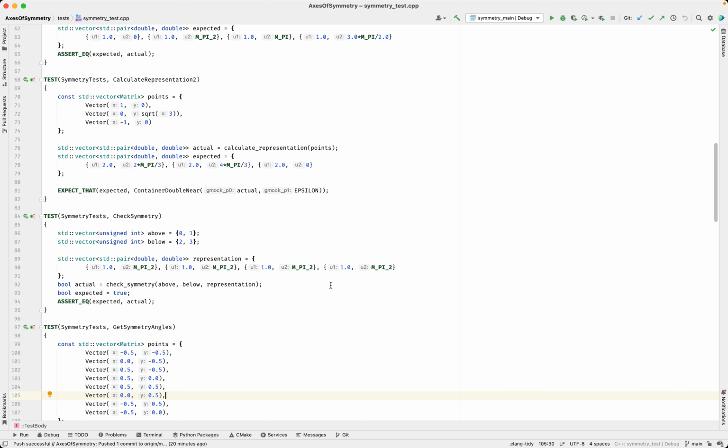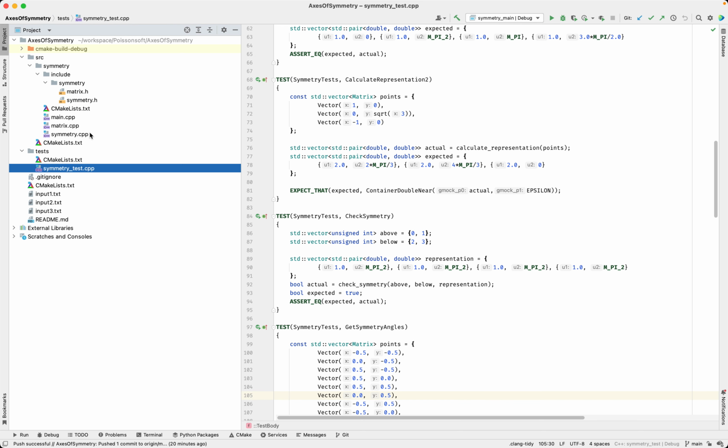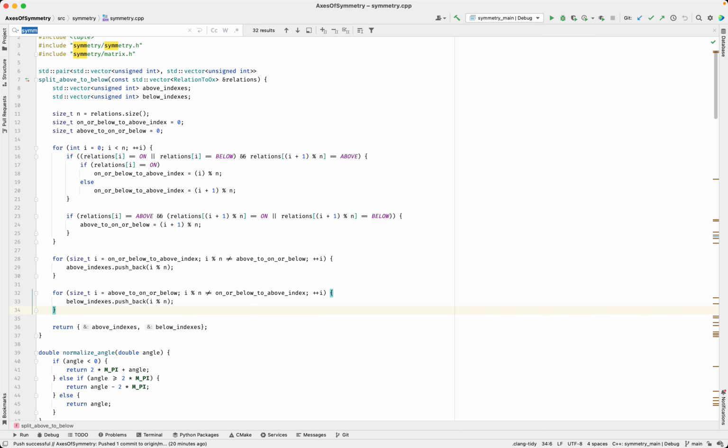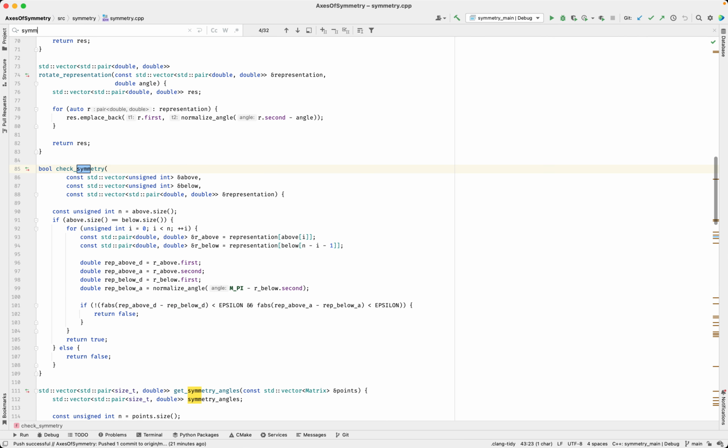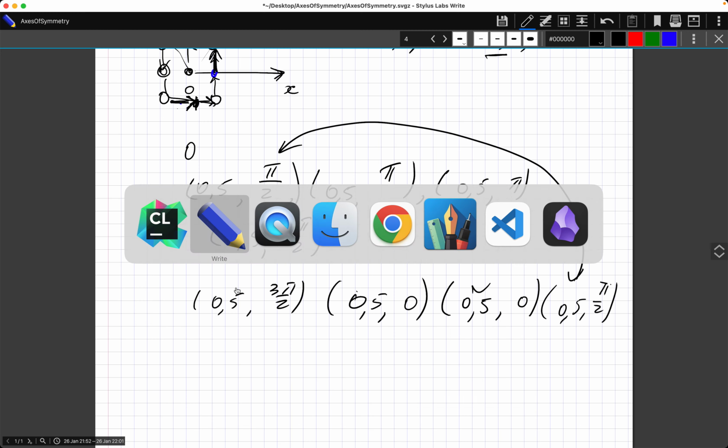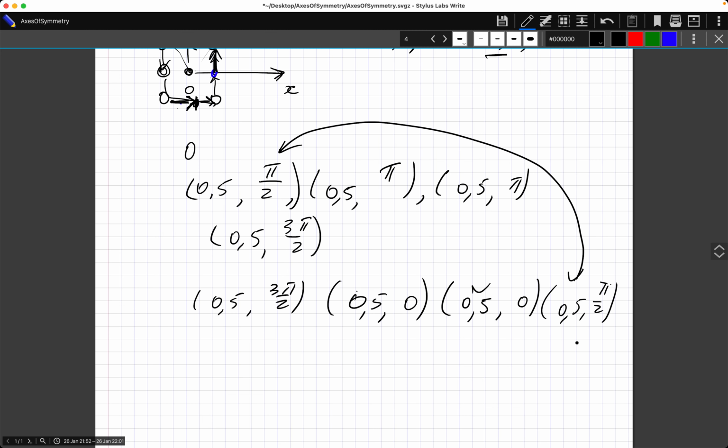We need to make it considered equal, but we need to substitute the angle from π for those which are above. In other words, that identifies the symmetry.